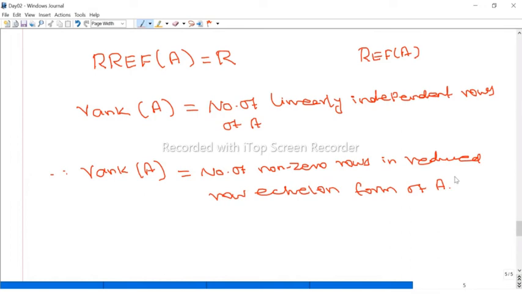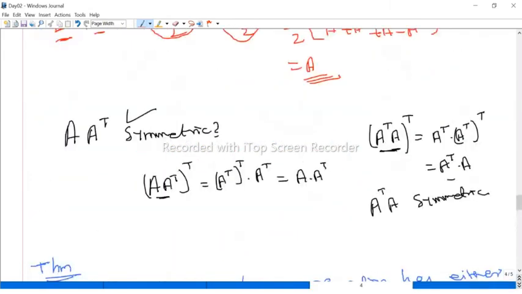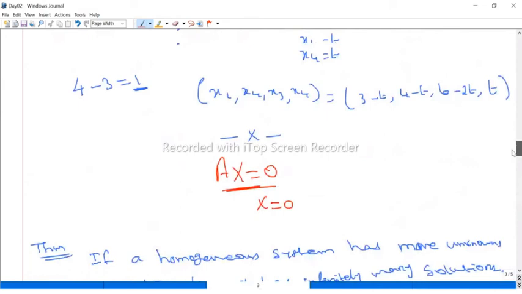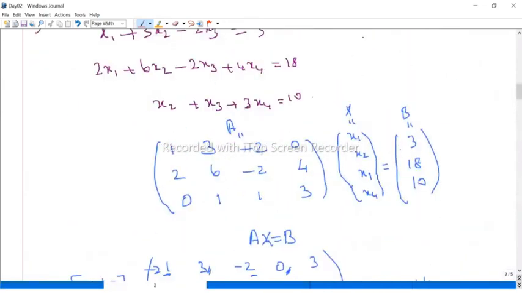So in the previous example, this is our original matrix A. What is the rank of the matrix? There are three rows, so we would have to check the number of linearly independent rows, which is very hard to find.